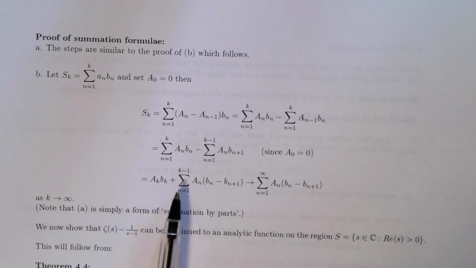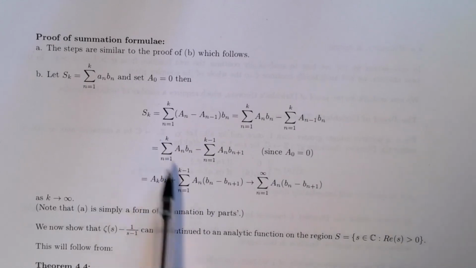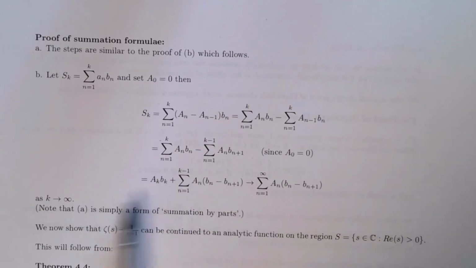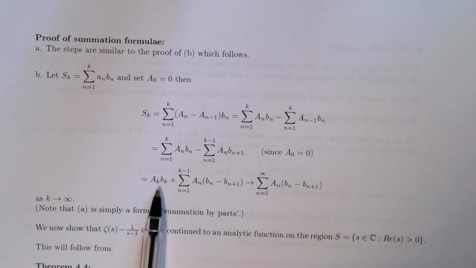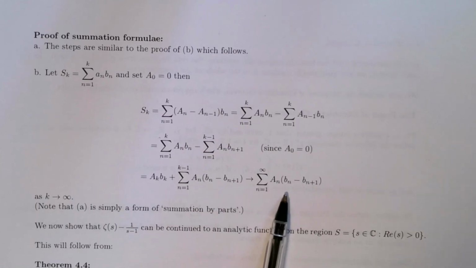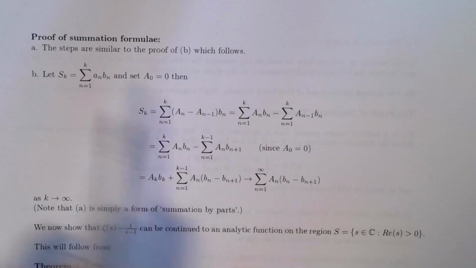I do that to make these top limits the same, and then I can pull these together in here and factor out the A_n's. Now, one of the conditions of the second part of the Abel summation formula was that this thing goes to 0, so as k goes to infinity, that goes to 0, and this thing just ends up there, and that's the second part of the summation by parts formula. So I leave you to do part A and fiddle around to get all the constants correct.